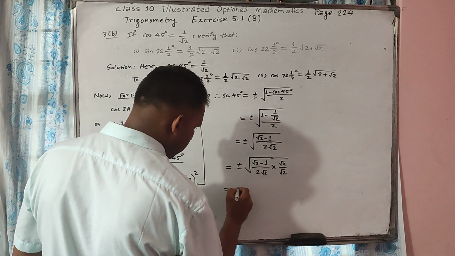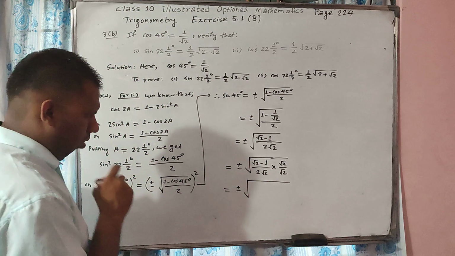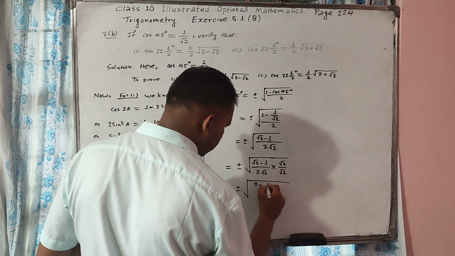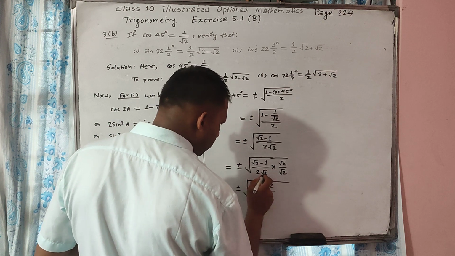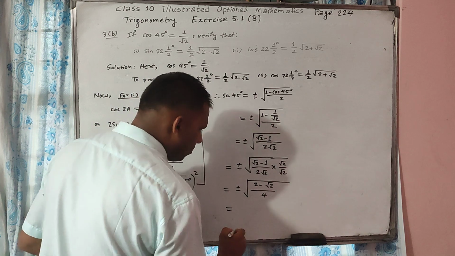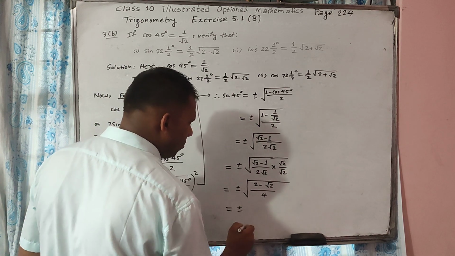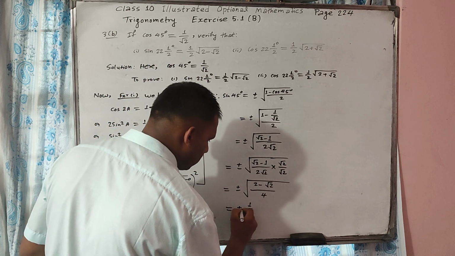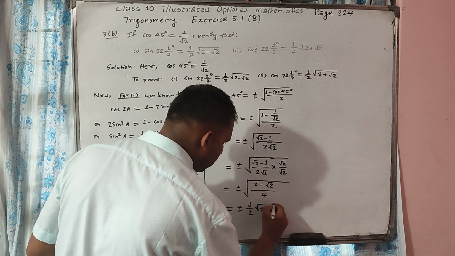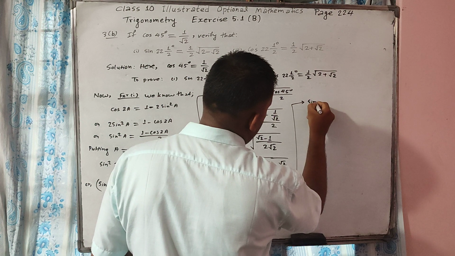Now it becomes plus minus square root of (root 2 into root 2 minus root 2 into 1) all upon 2 root 2 into root 2, that is 4, equal to plus minus square root of (2 minus root 2) upon 4. The square root of 4 is 2, so 1 by 2 square root of 2 minus root 2.